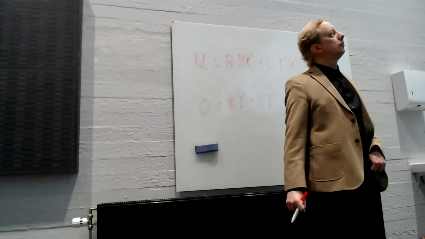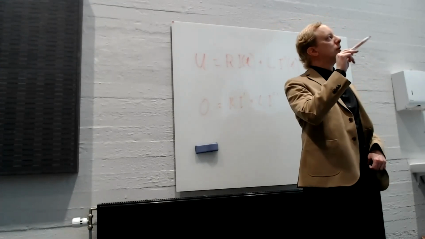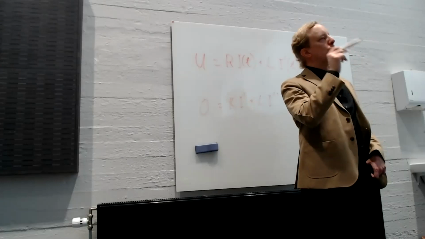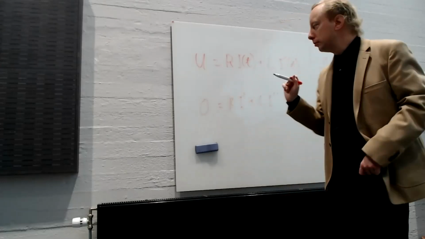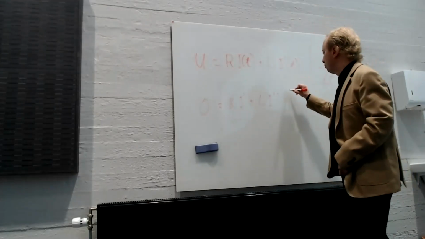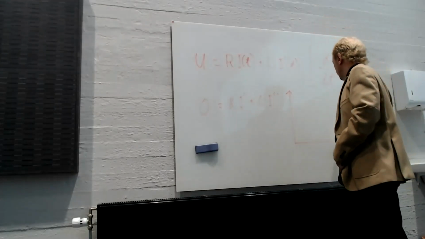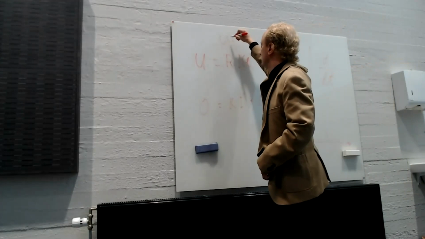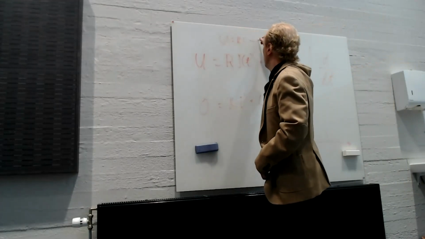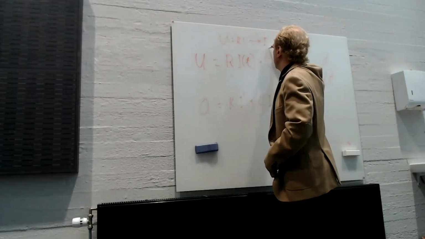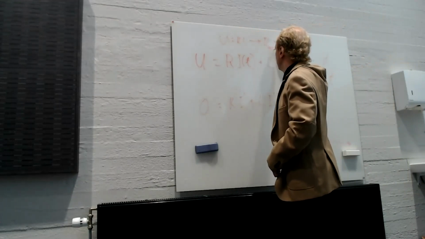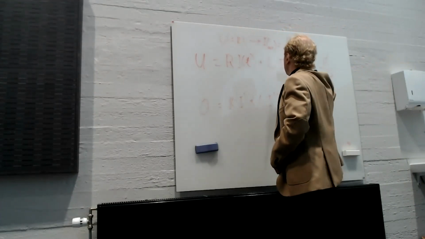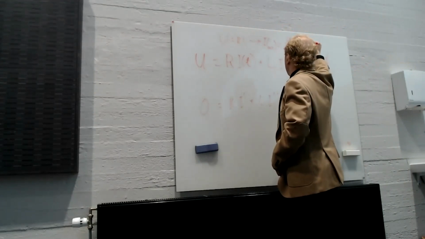And then when you start figuring out the solution, the system should behave so that the current approaches u equals R I, so I at infinity should be u over R, or 12 over 5.